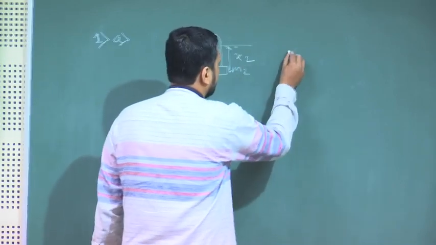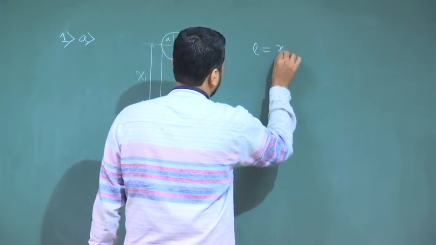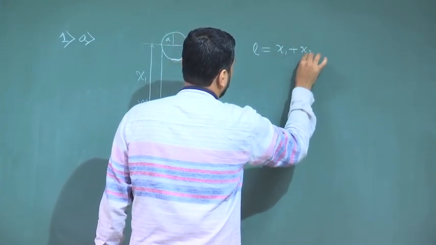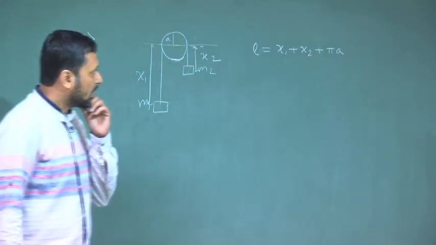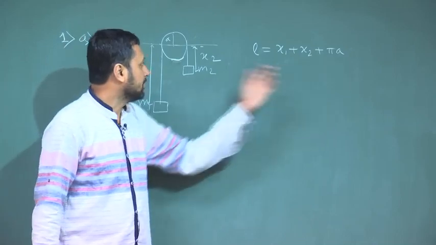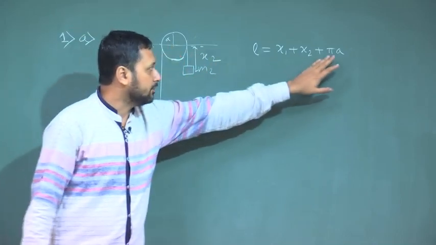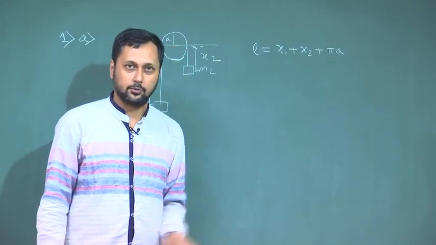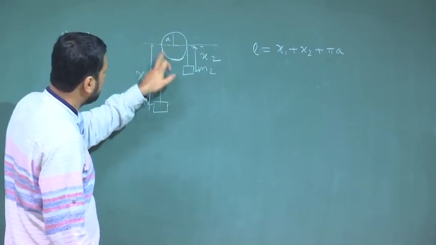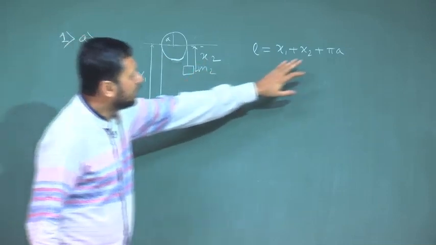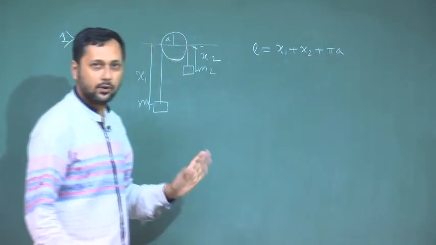So, if we write down the constraint equation, L will be equal to x1 plus x2 plus pi times a. Now, you might as well just avoid writing pi times a, because we will see towards the end that it will not contribute. Also, we are assuming that the pulley is massless. If it is massless, writing this pi a will not affect anything.